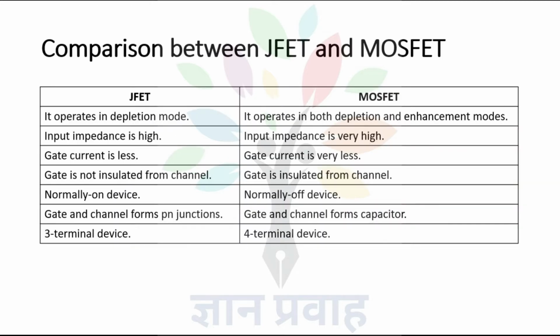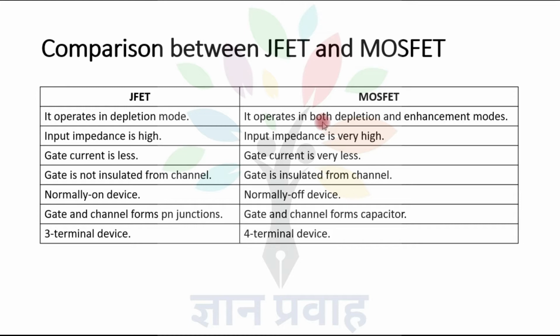Comparison between JFET and MOSFET. This table is simply showing the comparison between JFET and MOSFET. JFETs always operate in depletion mode. It means JFETs are normally on devices, while MOSFETs may operate in depletion or enhancement modes. It means MOSFET may be a normally on device or a normally off device.